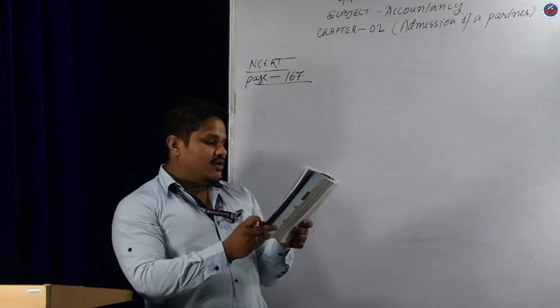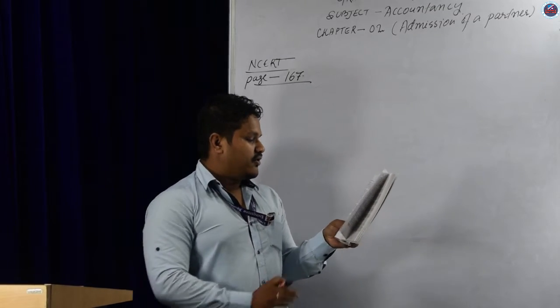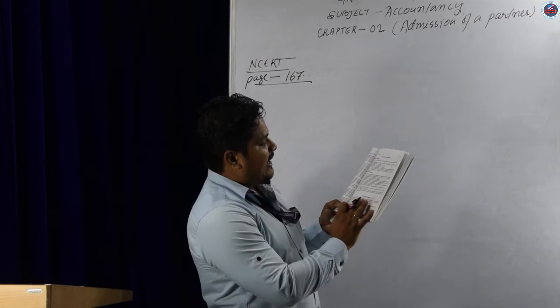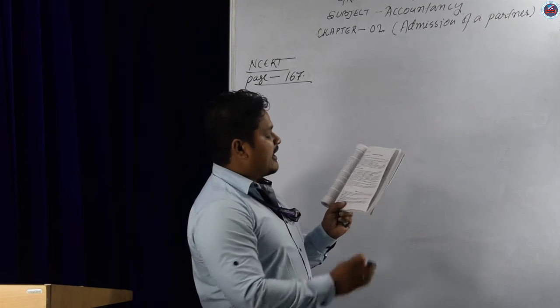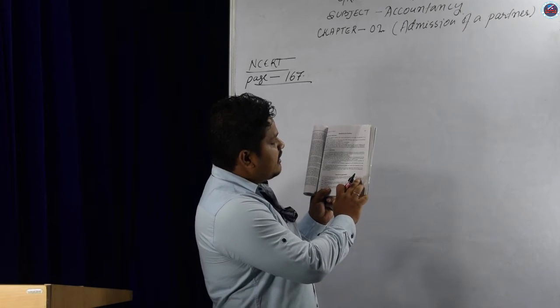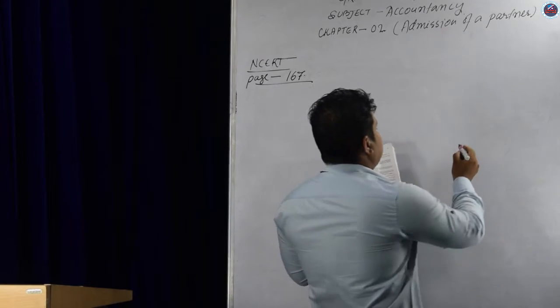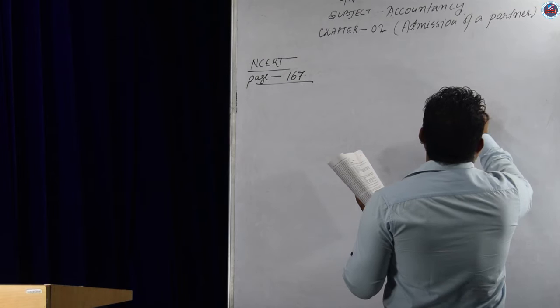So see the question. Question number 1, book question 1. A and B were partners in a firm sharing profit and loss in the ratio 3:2.